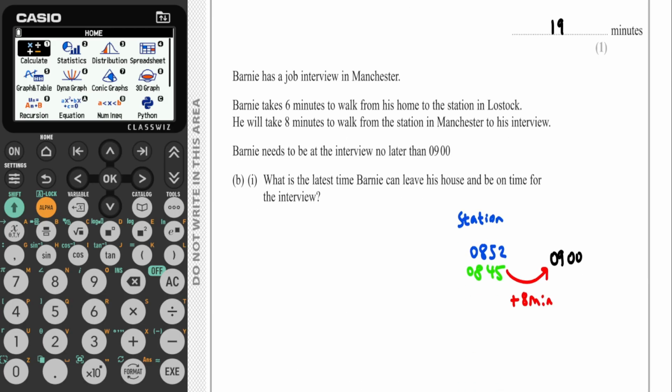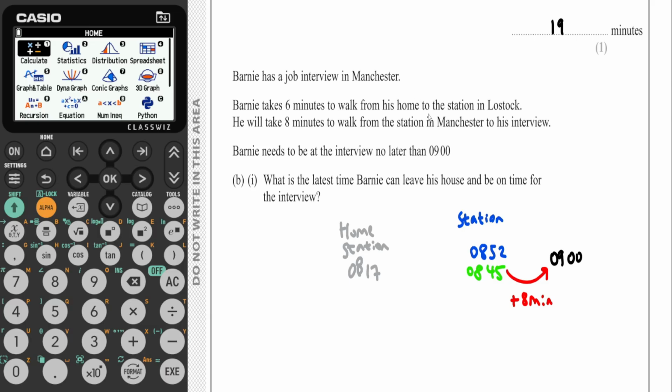So we have 8:17, which is where his home station is. So that's the time he needs to arrive at the station in Lostock.